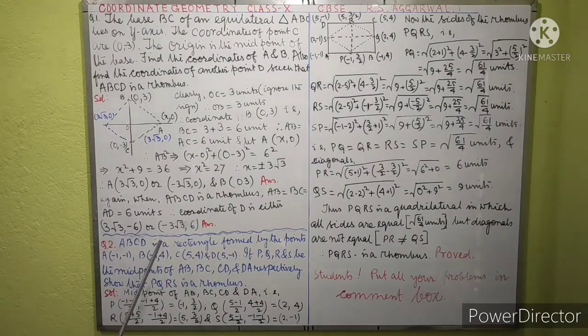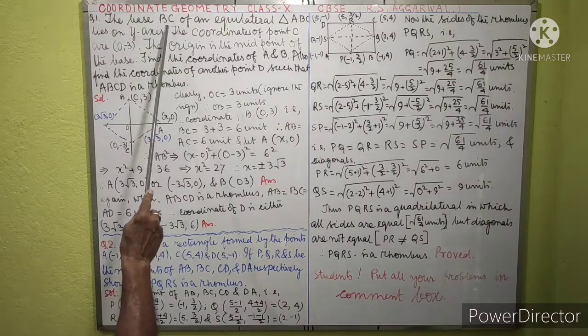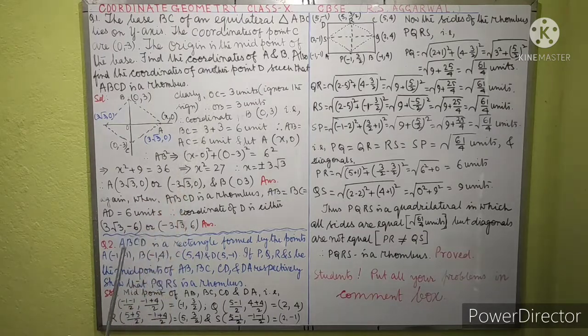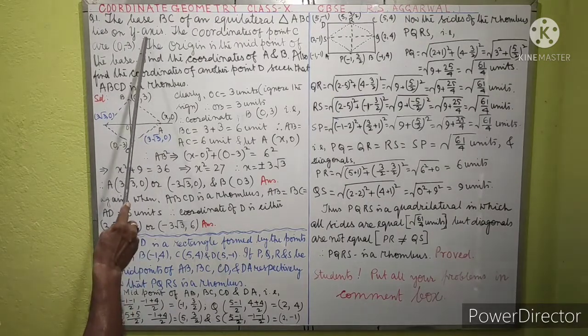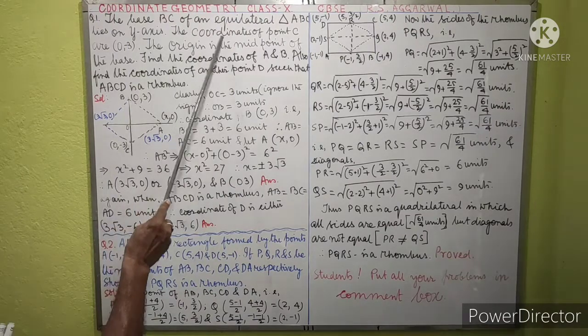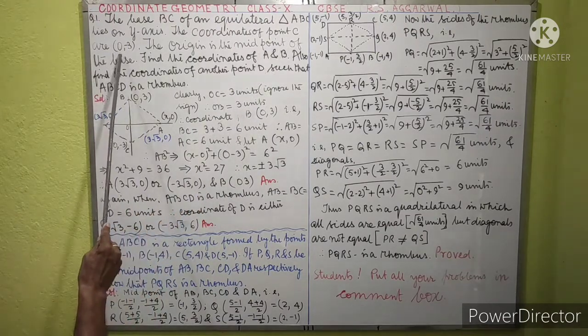It is given that BC is the base of an equilateral triangle. In an equilateral triangle, all the sides are equal. This is BC and this side is on the y-axis. And the coordinates of C are 0, minus 3.